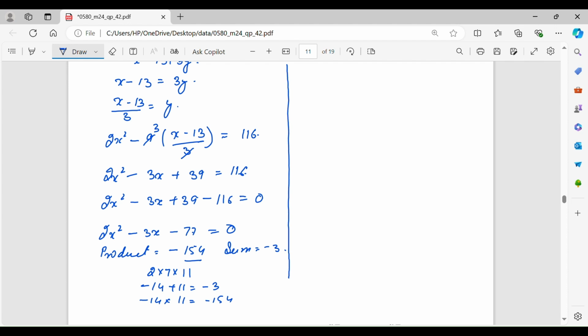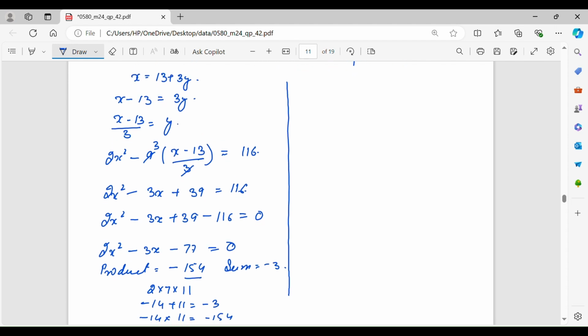So by factorization, 2x square minus 14x plus 11x minus 77 is equal to 0. We will take 2x common: 2x times x minus 7 plus 11 times x minus 7 equal to 0.